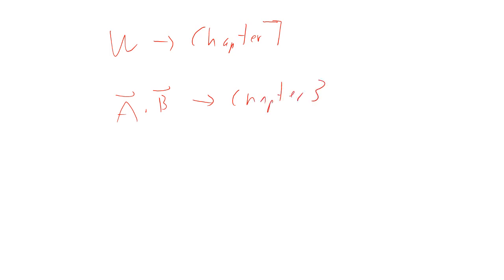I should point out that all this work stuff is chapter 7, okay? The vector dot products are chapter 3. And that's why the homework for chapter 7 also has some chapter 3 homework problems in it.